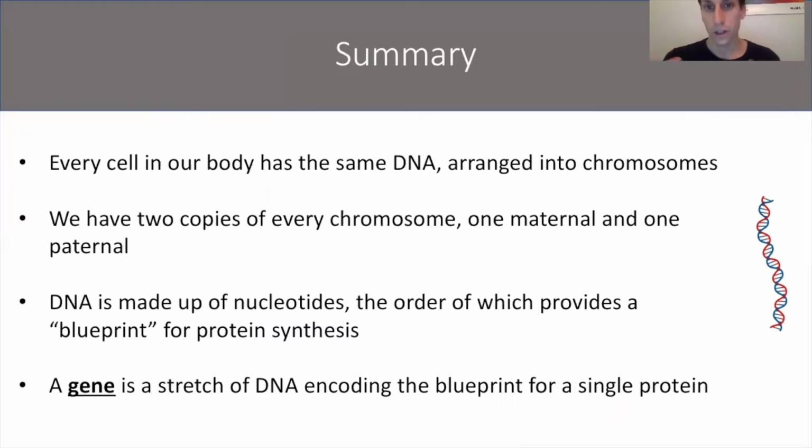These chromosomes are made up of DNA, and DNA is made up of nucleotides. The order of these nucleotides provides a blueprint for protein synthesis, and proteins are the functional component of the cell. A gene is a stretch of DNA that encodes the blueprint for a single protein.